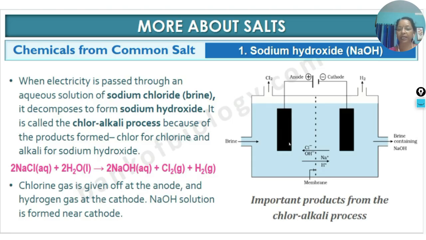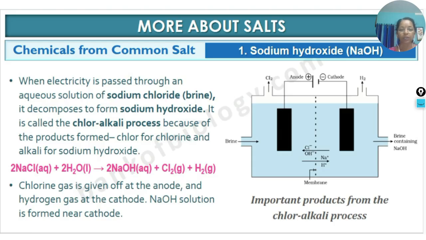The remaining Na+ and OH- ions, that means NaOH, we get at the bottom of the container. This is what happens during electrolysis of aqueous sodium chloride, and the equation is shown here: 2NaCl + 2H2O gives 2NaOH + Cl2 + H2. That is the chemical equation of the chloralkali process.